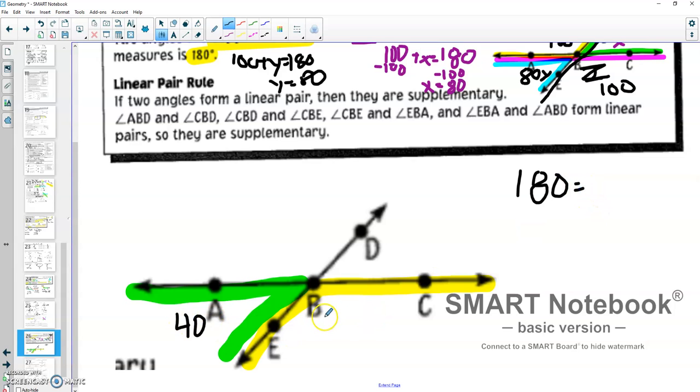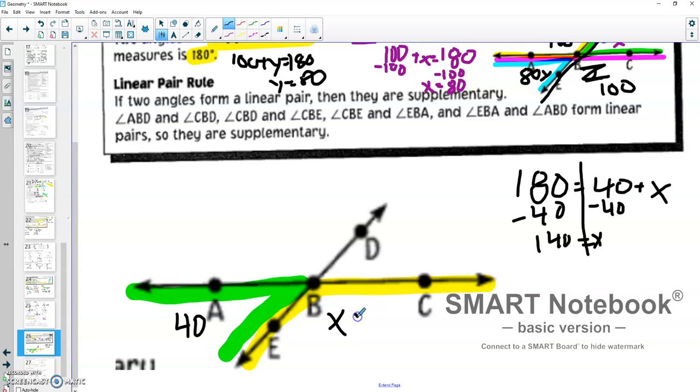We know one part is 40, and the other part we just don't know. We do the train track method, get rid of the number, the attachment, bring it to the other side by using the opposite operation. And we will figure x equals 140.